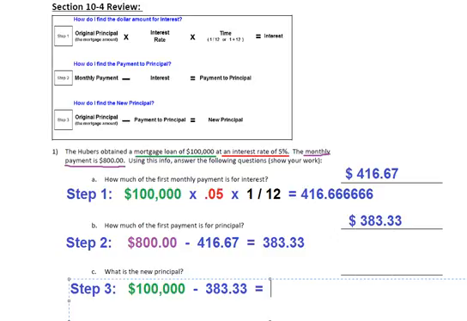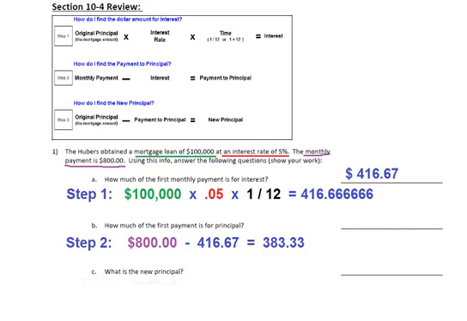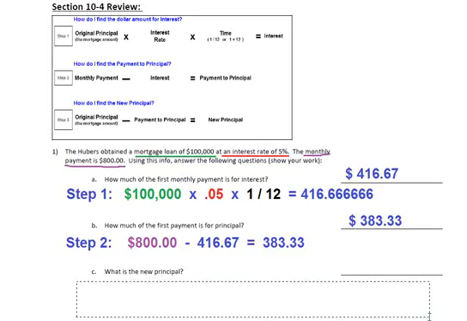Now, it doesn't seem like a lot, but we just paid off a little bit on our loan. Uh-oh, what happened? Let's see if I can bring that back. Nope, I have to really quick redo it.